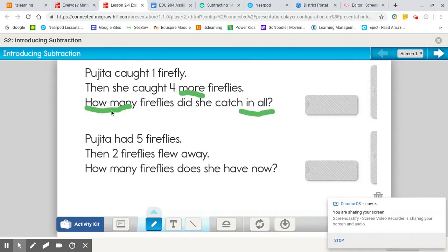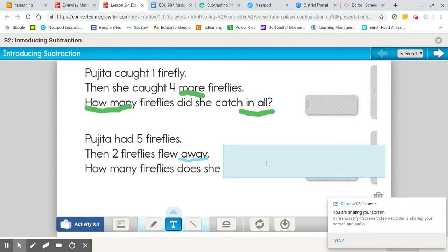Just like in the first problem when we highlighted clues that showed that it was addition, this time there are clues that share that this is a subtraction problem. One of the biggest clues is right here, the word away. In this case, 2 of the fireflies flew away. If you are ever taking something away, then you are subtracting.